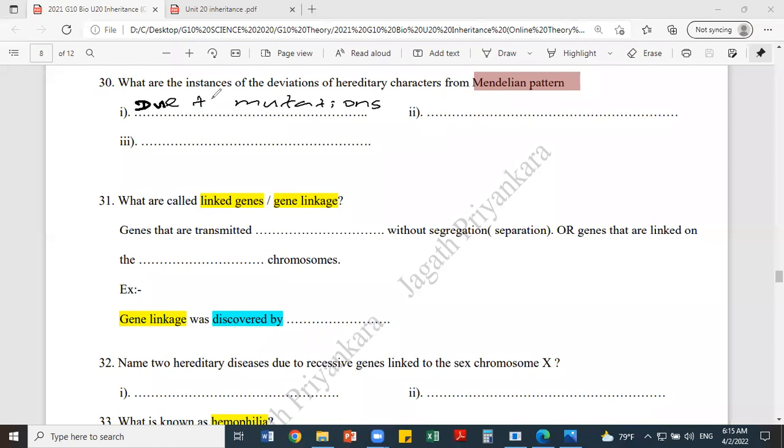The other one is due to gene linkage, and the other one is due to incomplete dominance.